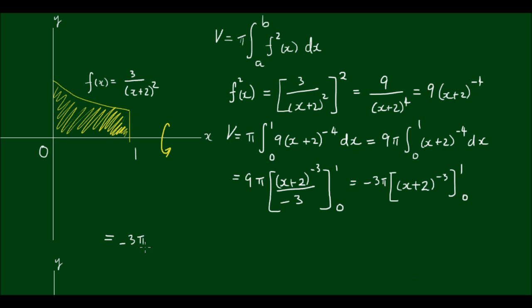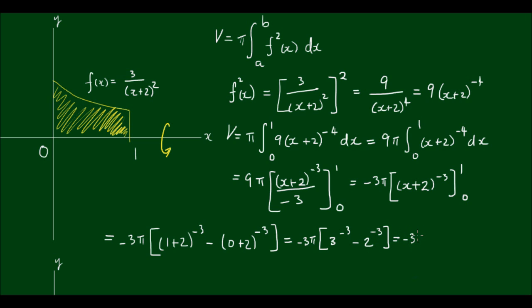Negative 3 pi remains out the front, and I will be left with (1 plus 2) to the power of negative 3 minus (0 plus 2) to the power of negative 3, which equals negative 3 pi times 3 to the power of negative 3 minus 2 to the power of negative 3.